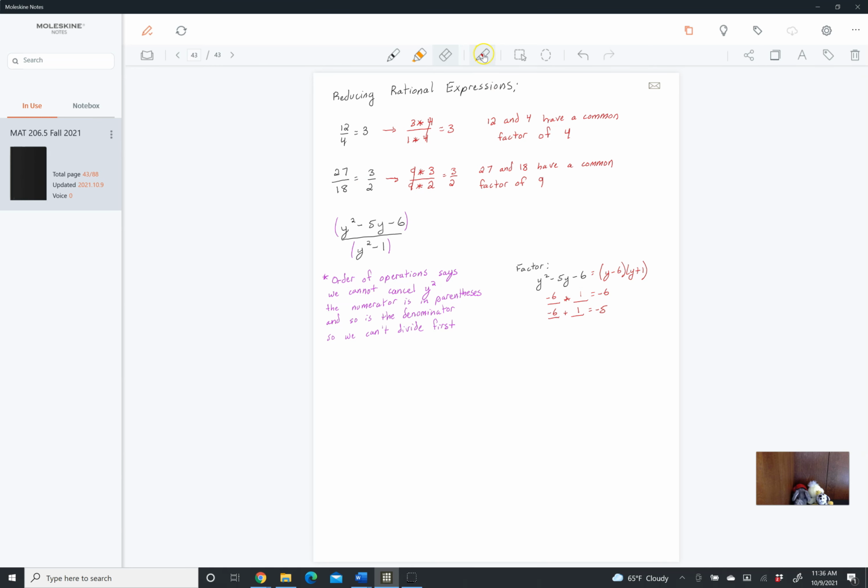Okay, now y squared minus 1 is also factorable. This is a square. Y squared minus 1 is equal to y plus 1 times y minus 1.